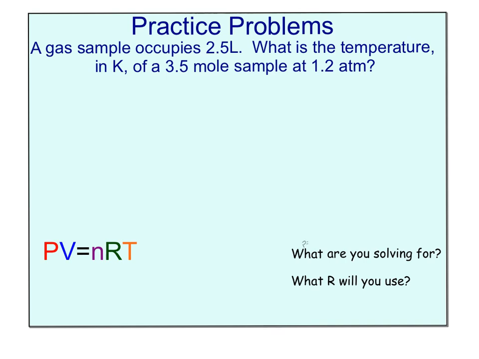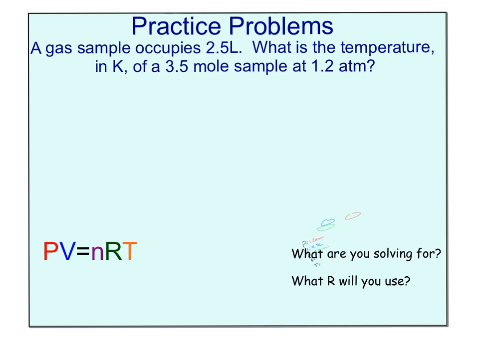PV equals nRT. Pressure looks like it's 1.2 atmospheres. Volume, 2.5 liters. n is 3.5 moles. R, that's where you have to make a decision.